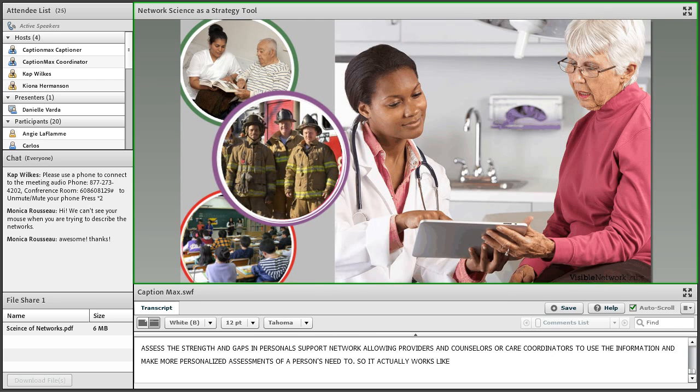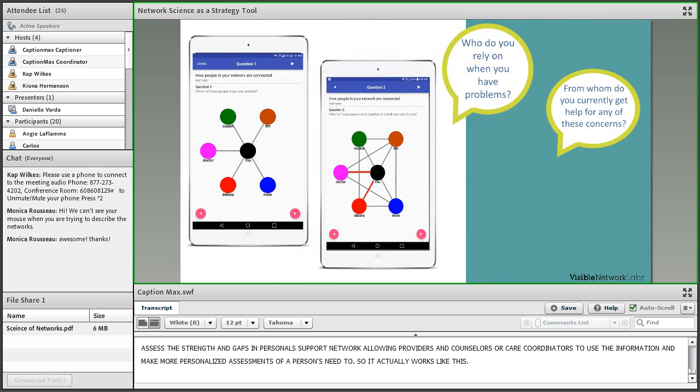It's actually a data collection tool, just like all of our other stuff, but the use case it's built within is a tool to assess the strengths and gaps in a person's personal support network, allowing providers or counselors or care coordinators to use the information and make more personalized assessments of a person's needs.